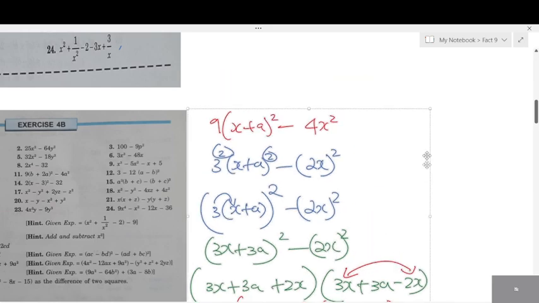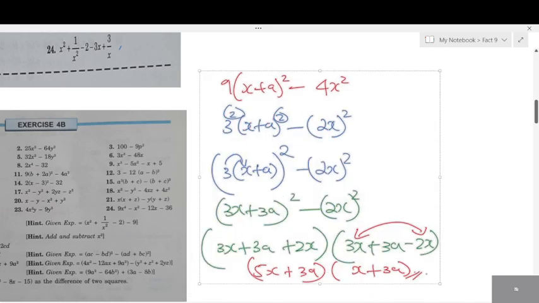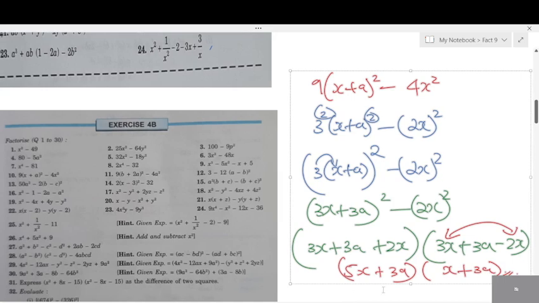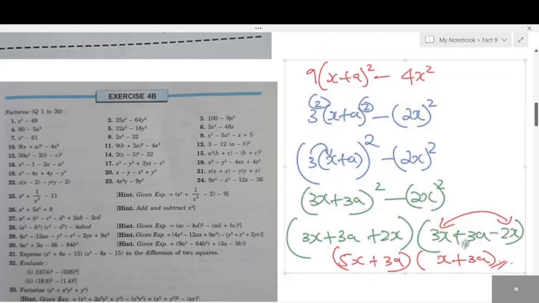Wanted you are asking. Tomorrow you have school, right? Okay, complete it. 5x plus 3a into x plus 3a. And Kia, did you go through the recording? You had missed 3 classes, 3 or 4. Oh, frequency is important, students.